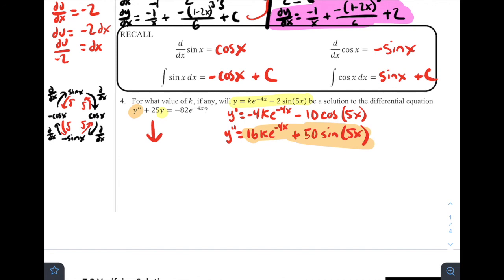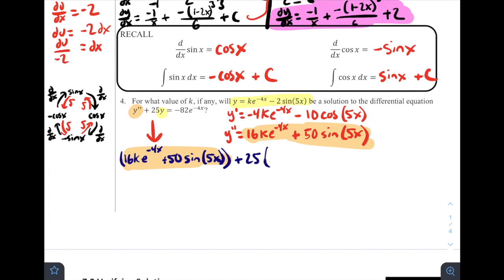Y double prime, we just said, was 16k e to the negative 4x plus 50 sine of 5x. We just substituted that in for our y double prime. And they're saying next it's plus 25, so plus 25 times y, and y is this equation that they gave us here.